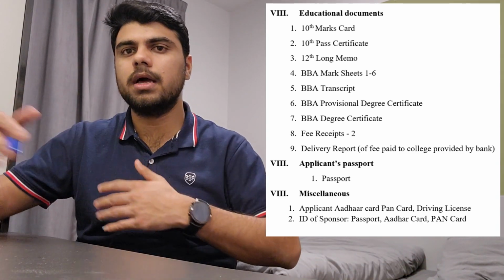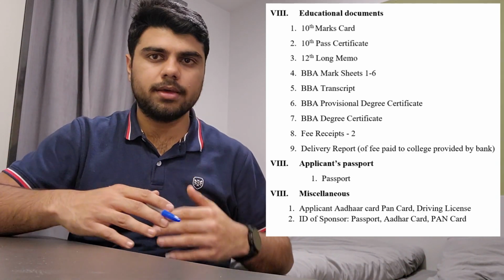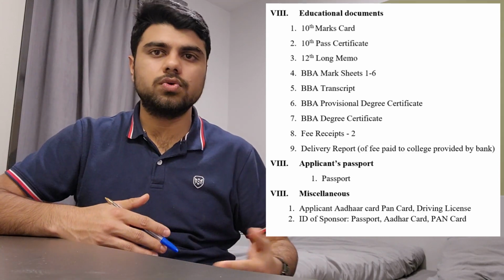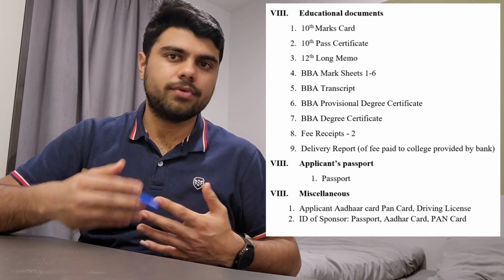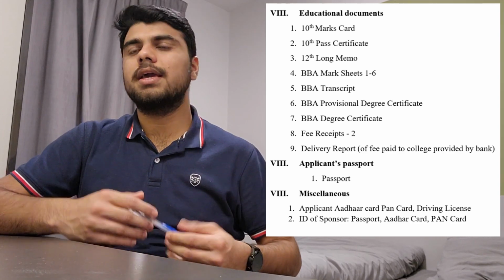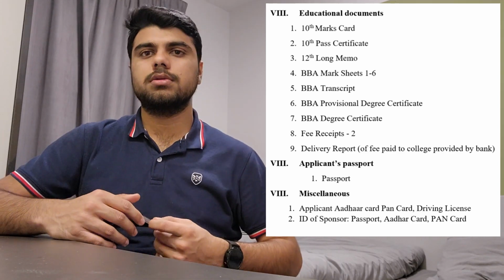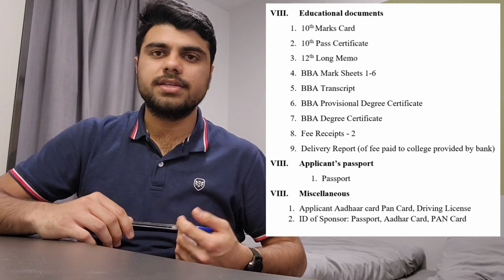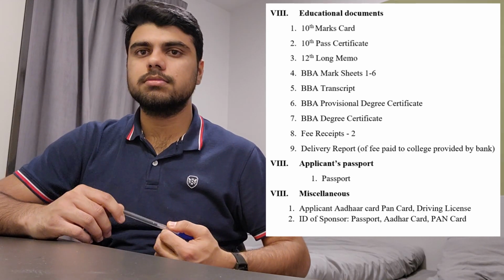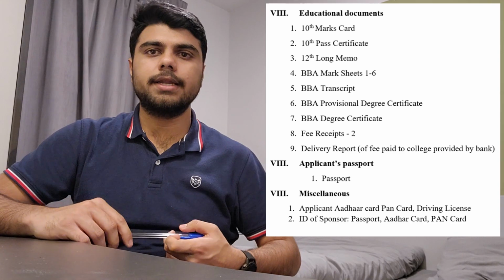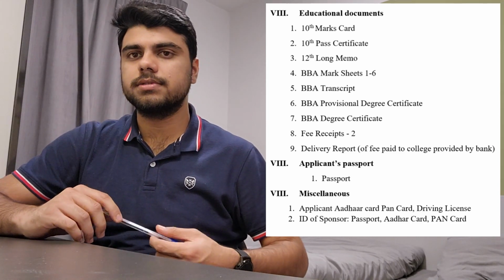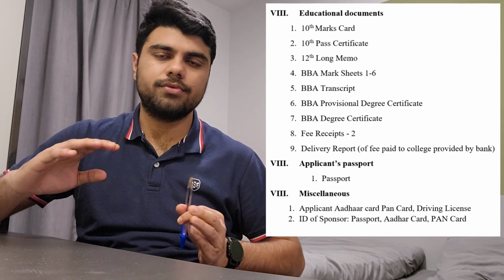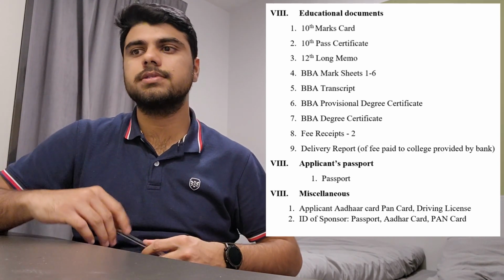That's the reason I could get my provisional degree certificate and degree certificate. In your case, you could be in your final year or waiting for your results when applying for the visa. In that case, you can just provide your provisional results, but discuss the same with your consultant. Kindly reach out to your consultant and ask what documents need to be provided if you're in the final year and waiting for your results.